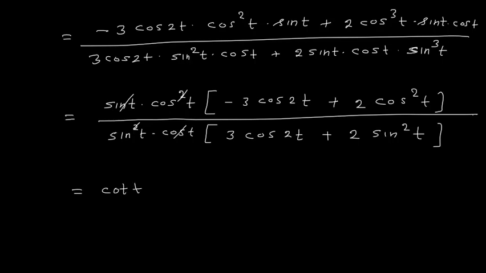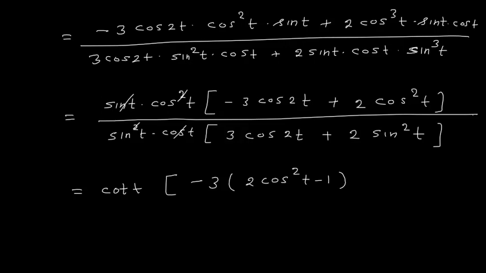Now here this cos 2t we can write as minus 3 times cos 2t. I can write cos 2t as 2 cos square t minus 1, or cos square t minus sin square t. But let us write in terms of cos, as this part is also in terms of cos.